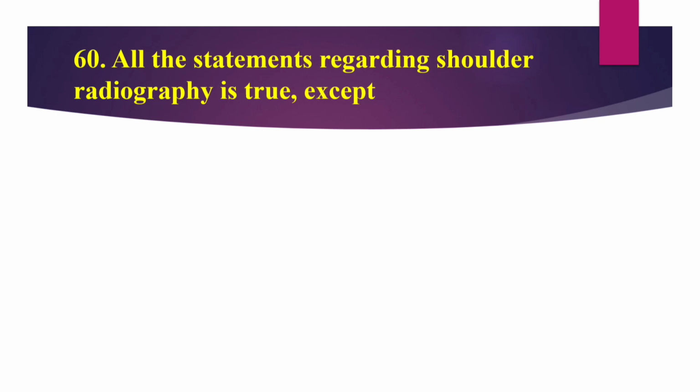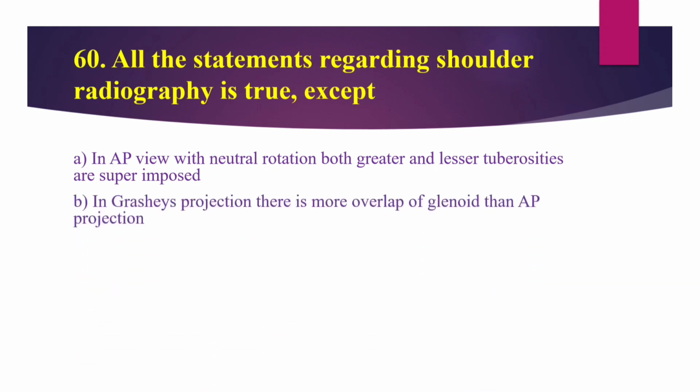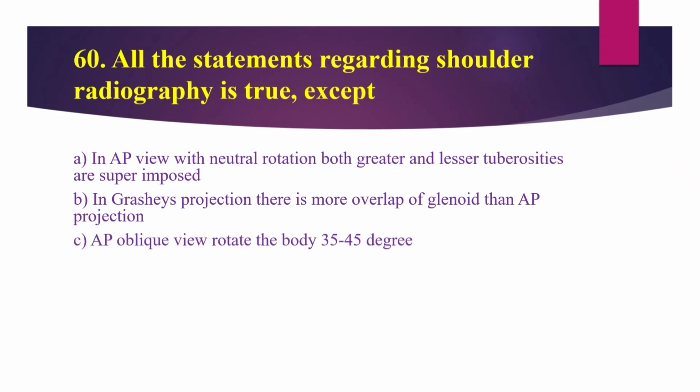Moving on to the next question, question number 60. All the statements regarding shoulder radiography are true except: Option A, in AP view, in neutral rotation, both greater and lesser tuberosity are superimposed. Option B, in Grashey projection, there is more overlap of glenoid than AP projection. Option C, AP oblique view, rotate the body 35 to 45 degrees.